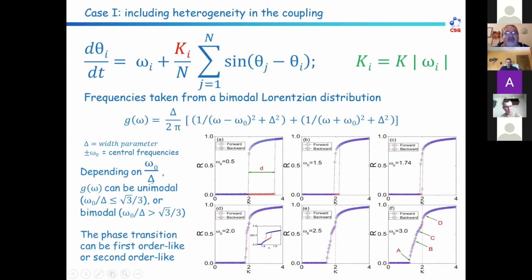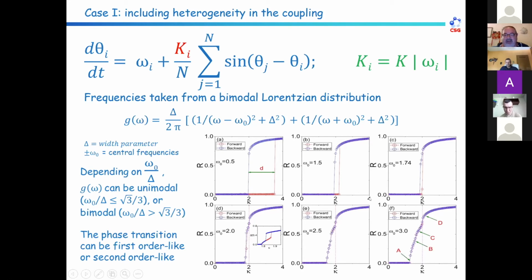Depending on omega 0 divided by delta, that is, the ratio between the location of the peak and the width of the peak, this g(omega) can be unimodal or bimodal. And when you change this ratio, actually you change omega 0, you see that the transition can be first order like or second order like here at the end.